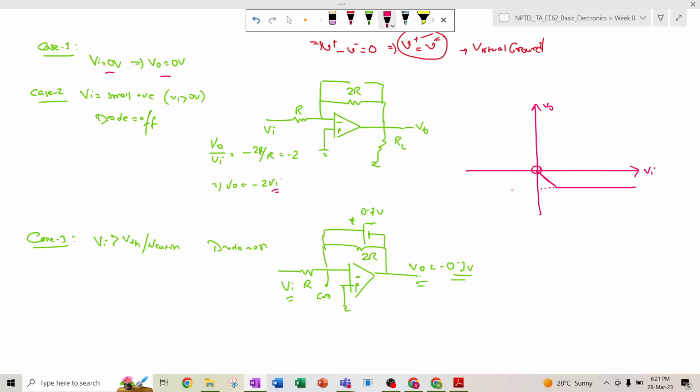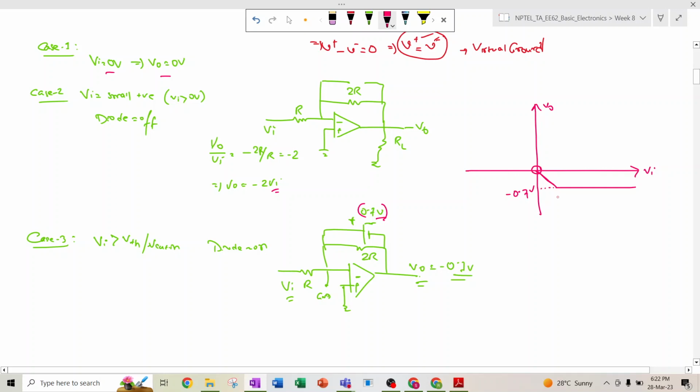This minus 0.7 is in the case of silicon. In the case of other materials like gallium arsenide, this will change. But here we can see this is minus 0.7 volt, something like that.